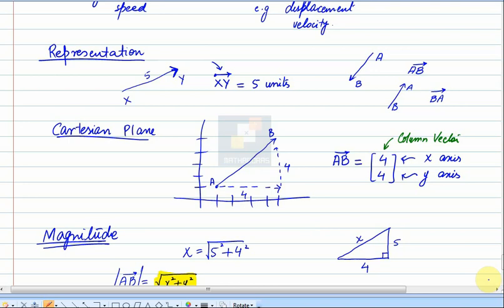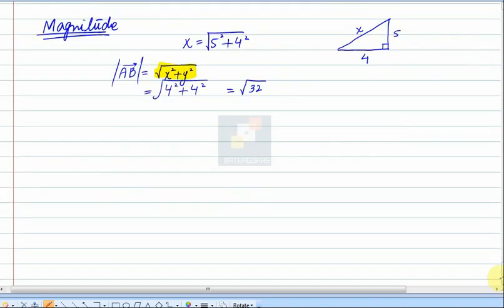Now there are some types of vectors. I hope that all of you have noted down till here. First, I will discuss equal vectors. Equal vectors are those vectors which have same magnitude and same direction.